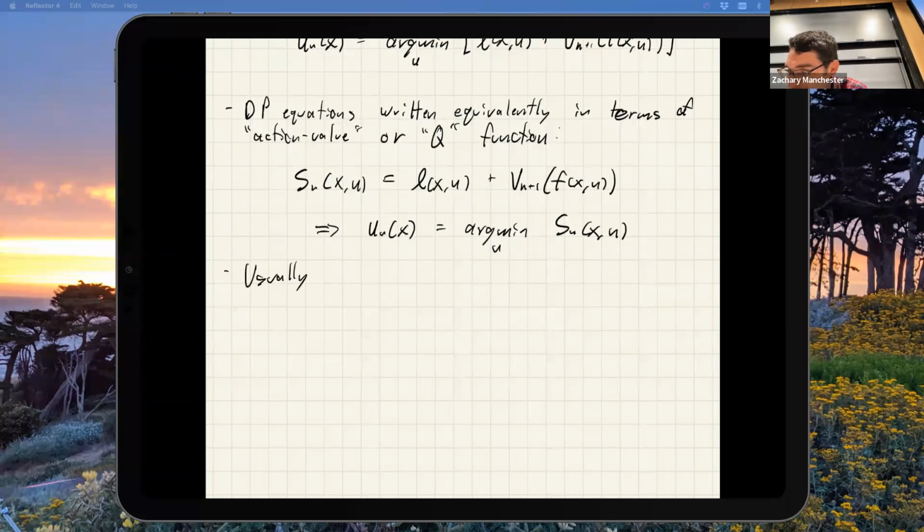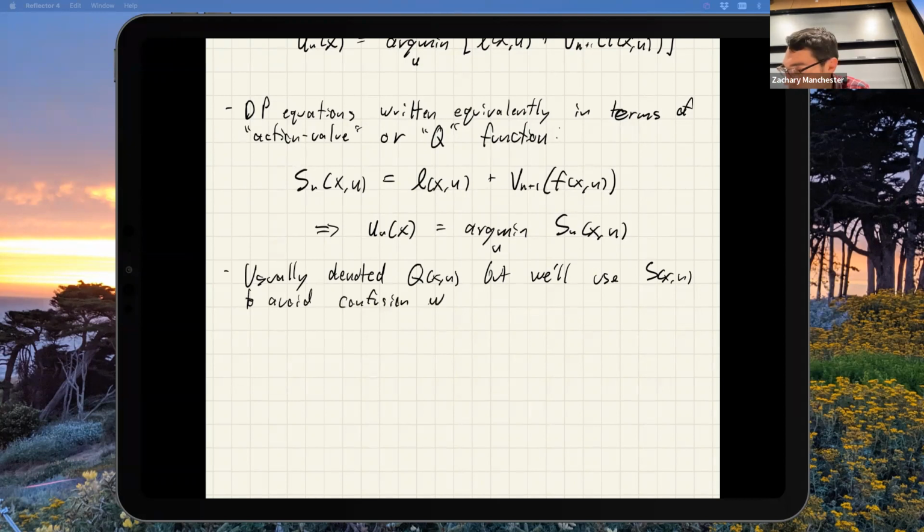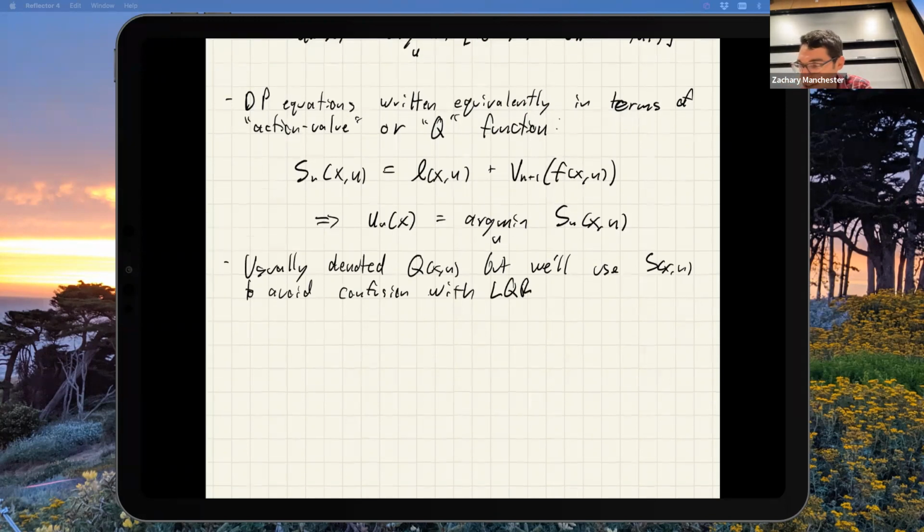So usually this is called Q. We will see this again in the future, and it's going to be S for us. There's too much notation overloading, and I couldn't come up with a better thing. The whole reason to do this is it avoids needing the model.